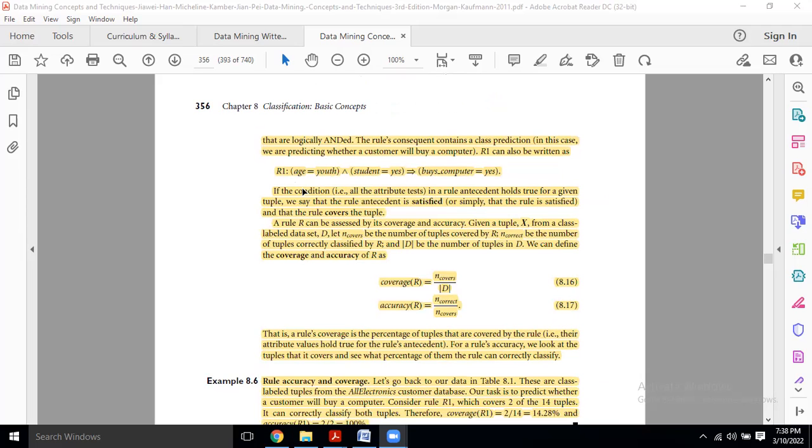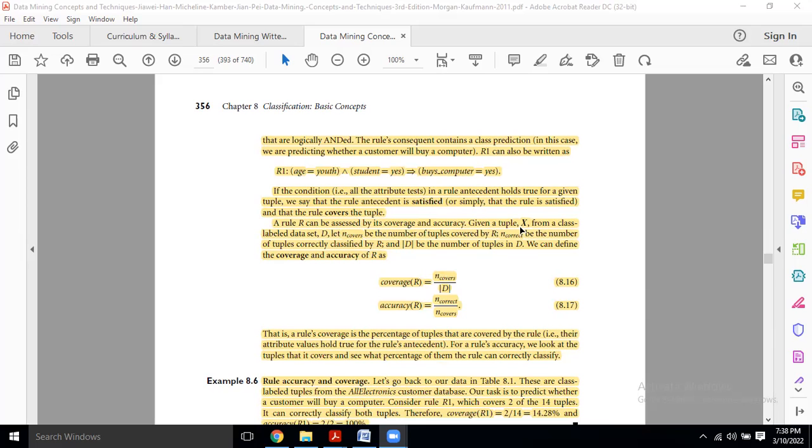Now, if the condition in a rule, or the rule antecedent, holds, that means these two conditions are satisfied, then we say that the rule antecedent is satisfied. If both these conditions hold true, then we say that the rule antecedent is satisfied, and we can say that the rule covers the tuple. In order to find out the quality of our rule, the rule can be assessed by its coverage and accuracy.